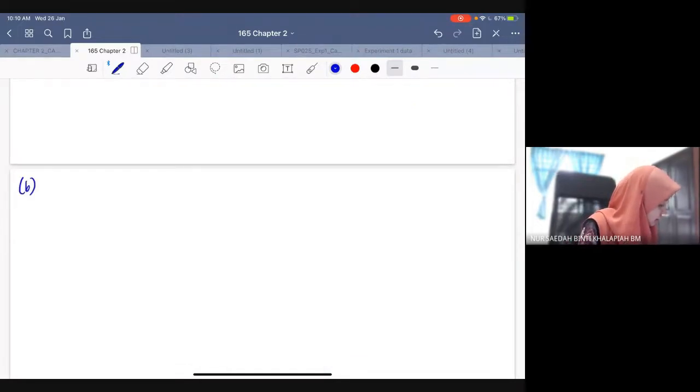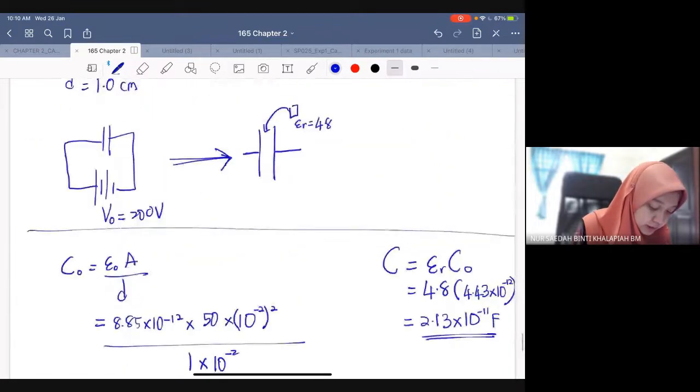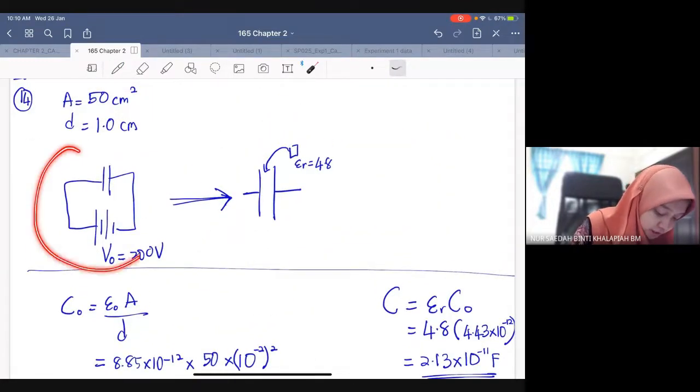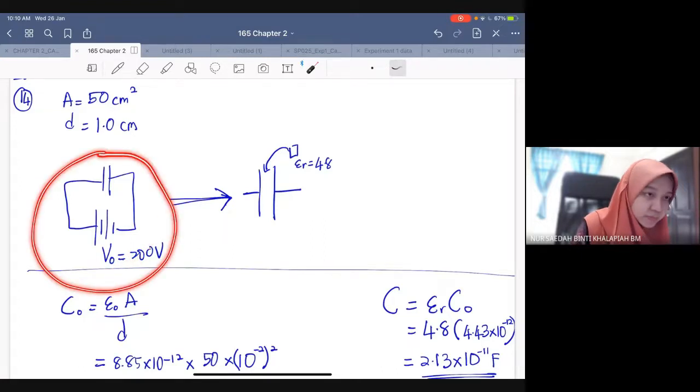Okay, so soalan B. Tadi mana soalan kita? Okay, ni. Charge on the plates. Okay, charge pula. Macam mana yang waktu kosong dahulu ni, charge dekat sebelah sini? Nak guna formula apa? Kita dah V not. Nak cari charge.